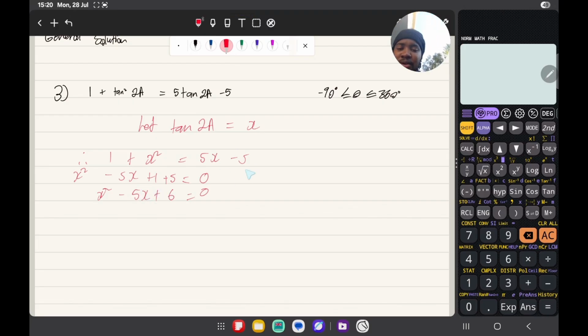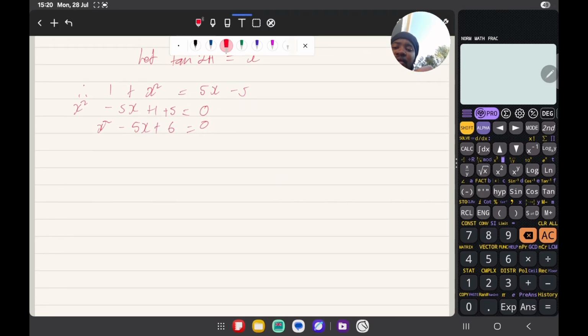So I just want to say that. Cool. From here I know it's gonna be x minus 2, x minus 3, equals 0. So x minus 2 equals 0, or x minus 3 equals 0, and then x equals 2, x equals 3.